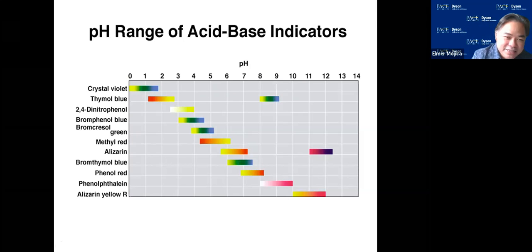So here right away, you can determine what indicator you need to use at a particular acid-base transition. As you could see here, phenolphthalein is only applicable between 8 to 10. You cannot use it at 5 to 6 because it's all colorless. Okay? You also cannot use, we could say, crystal violet to determine transition at high pH.